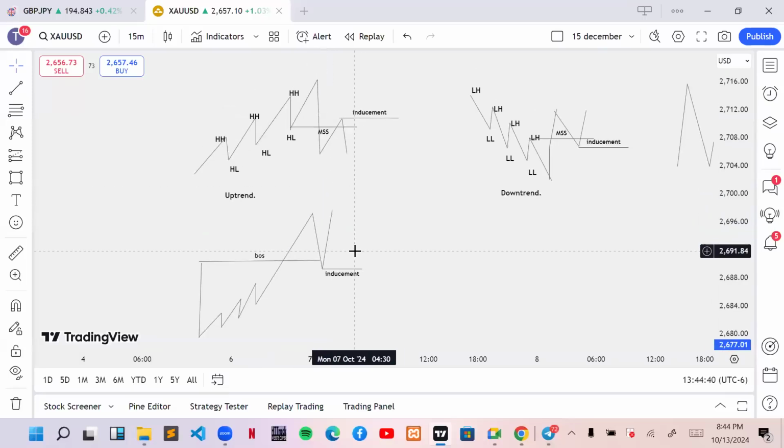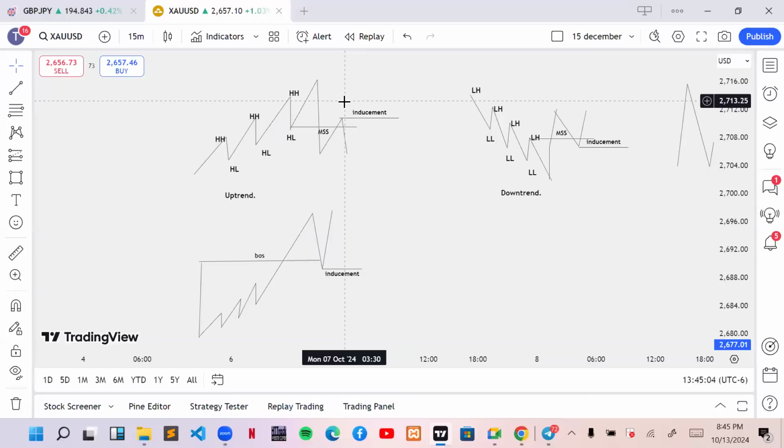So the inducement is a trap, like I said. It's what liquidity is. Liquidity is places in the market that have to be swept. Once liquidity is swept on one side, the market will head to the other side to sweep the other side's liquidity. So if liquidity is taken from this side, the market is heading to this side to take out the other side of the liquidity. That is what liquidity is. So the inducement is a trap in the market.